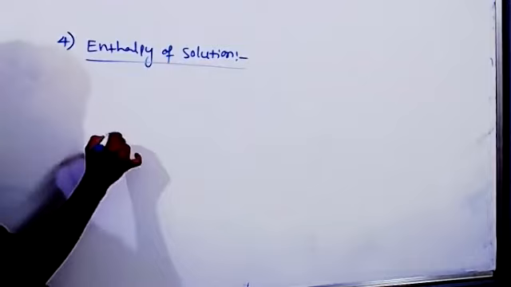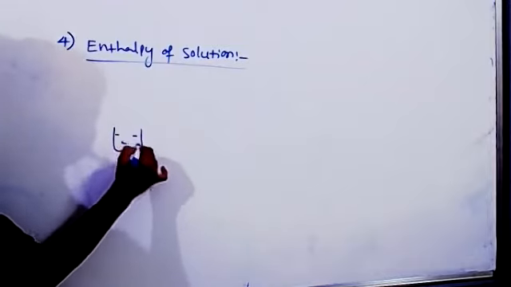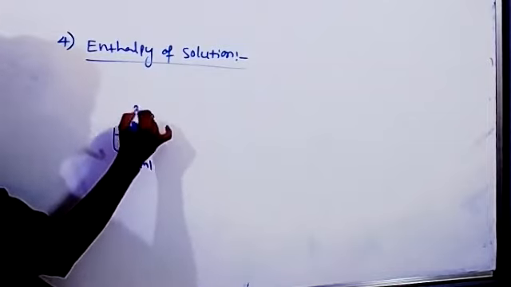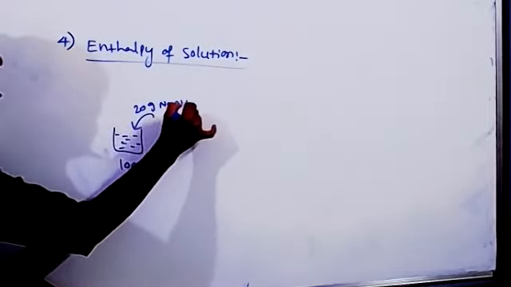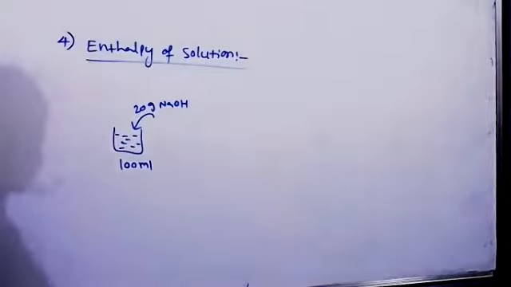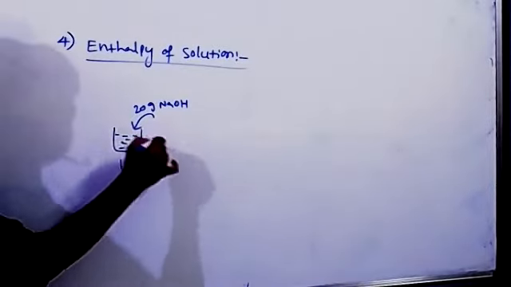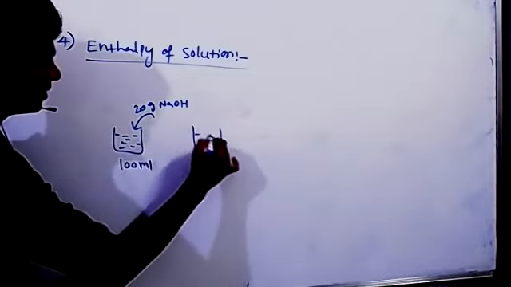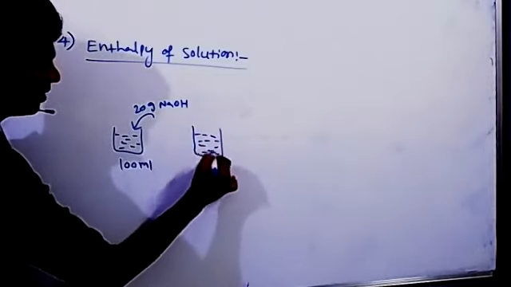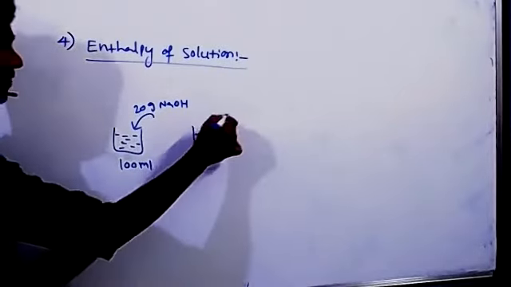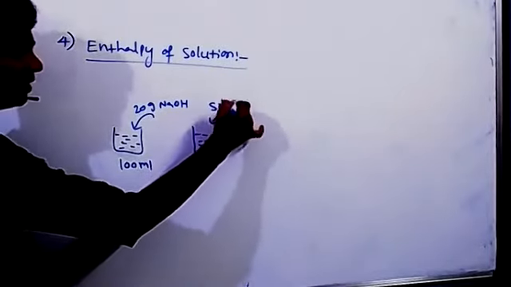Suppose I'm taking a small amount of water, just 100 ml, and dissolving 20 grams of NaOH in it. This is not infinite dilution, so we should not call it the enthalpy of NaOH solution. The reason is that if you add further water or solvent, it releases heat.